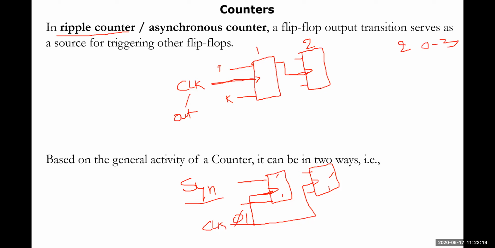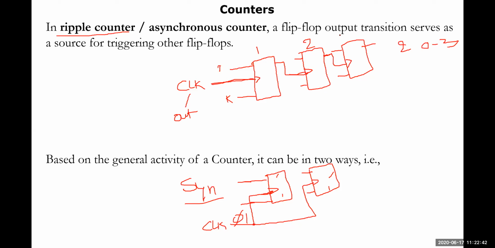Whereas, in the second case, let us consider a third bit also. Let us consider it is also JK. Whatever the inputs of JK, it doesn't matter for us. We are talking about only the clock. So here the clock will be there and some output will be there here. The output of the second will be connected to the clock of the third flip-flop.